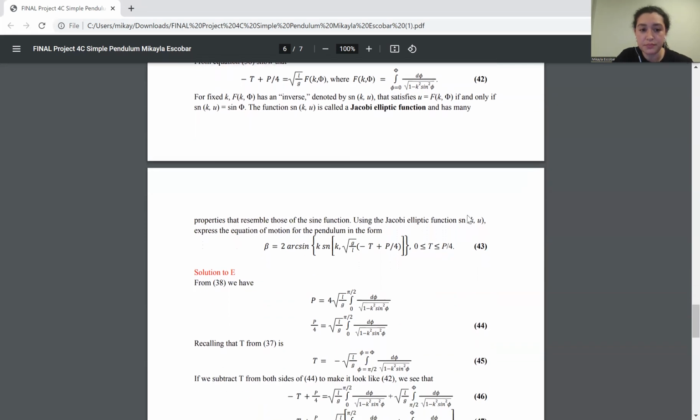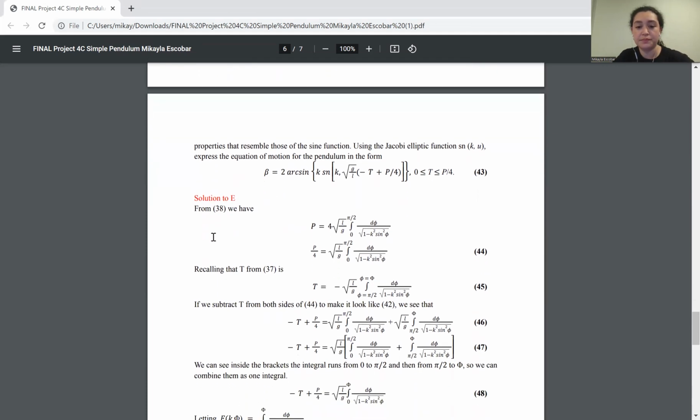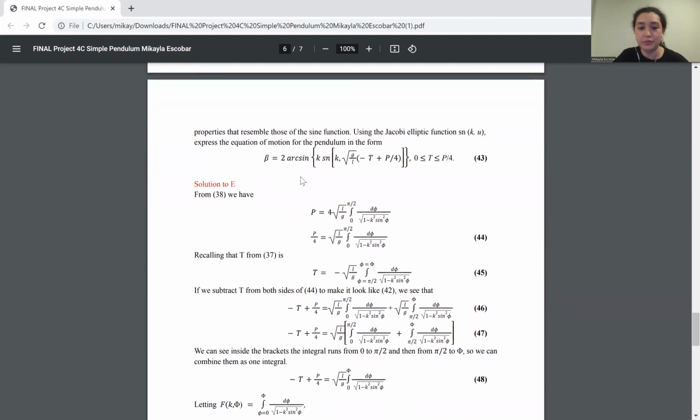For a fixed k, F of k comma phi has an inverse denoted by Sn of k comma u that satisfies u is equal to F of k comma phi if and only if Sn of k comma u is equal to sine of phi. The function Sn of k comma u is called a Jacobi elliptic function and has many properties that resemble those of the sine function. Using the Jacobi elliptic function Sn, express the equation of motion for the pendulum in the form shown here below.